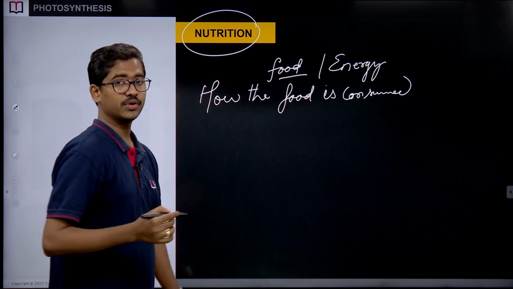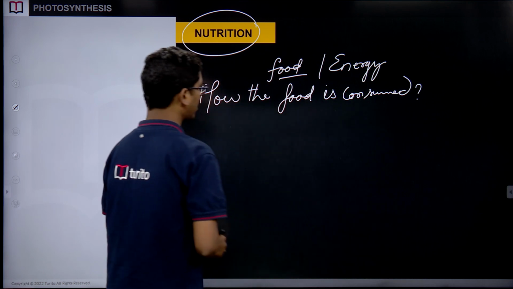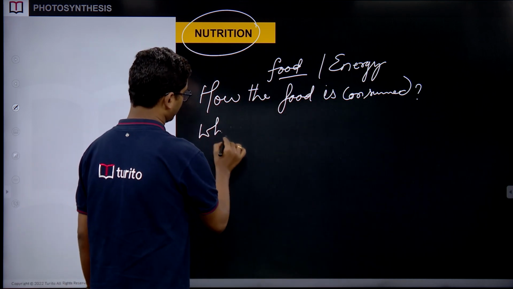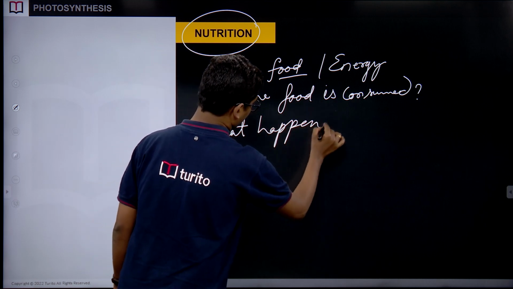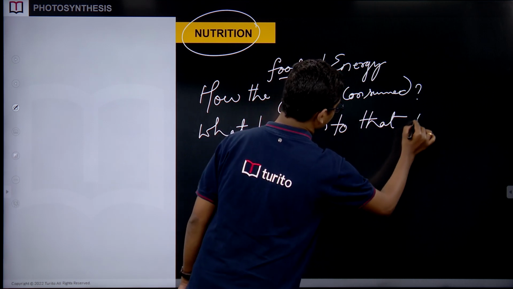Right, how the food is being consumed is a big question. So, one has to understand how it happens. Then the second thing comes: what happens to that food in the body.